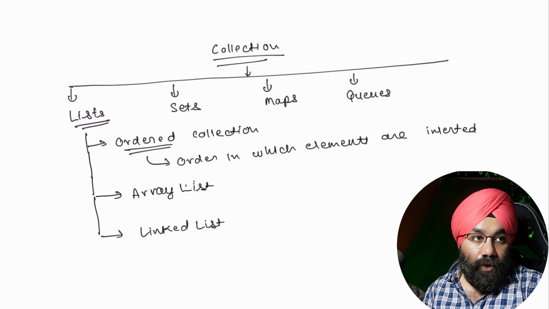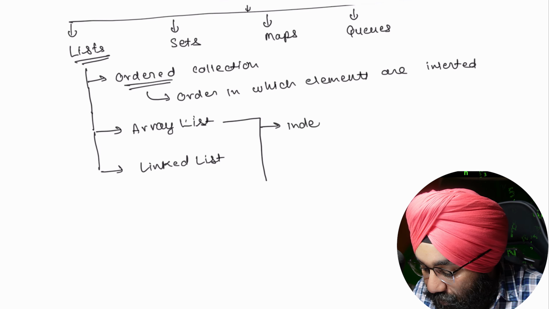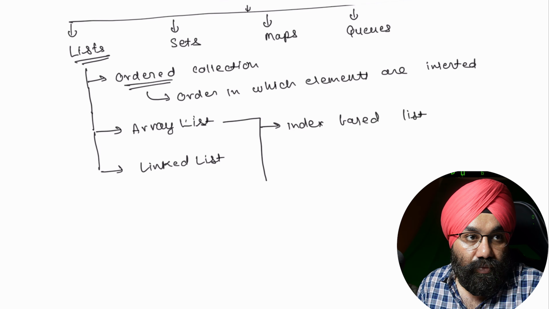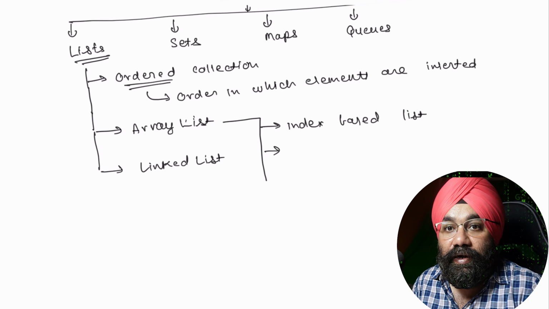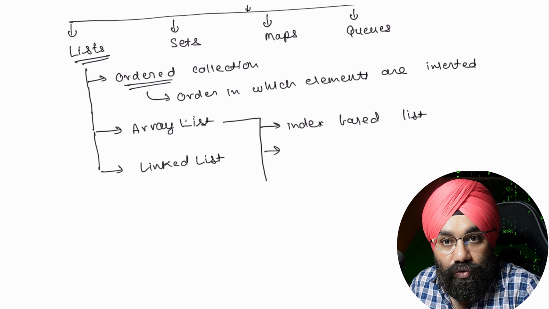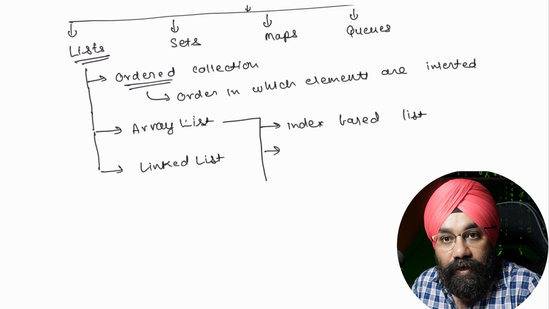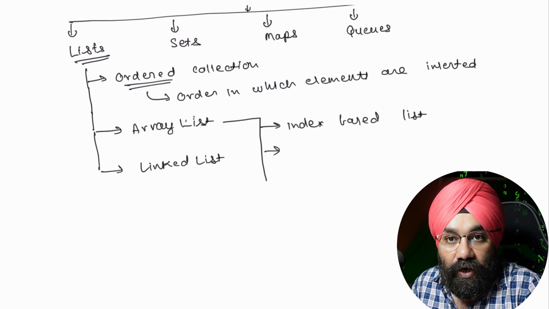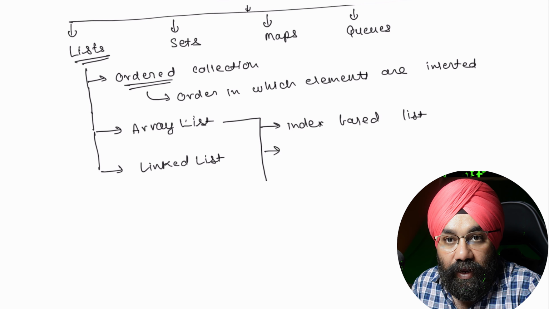Speaking of array list, it is index based. What do we mean by index based list? You can access any element in the list using the index of that element. Index always starts from 0: starting from the 0 position, then 1, 2, 3, 4, you can access any element using its index.